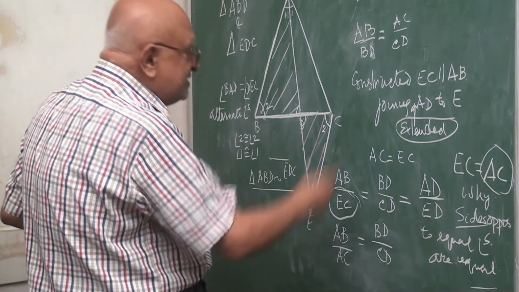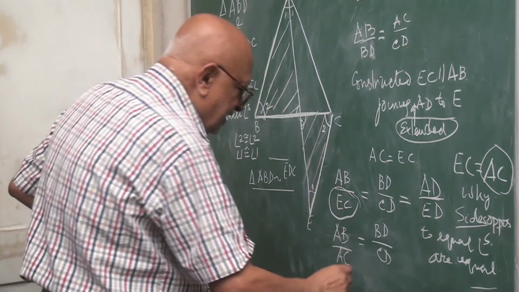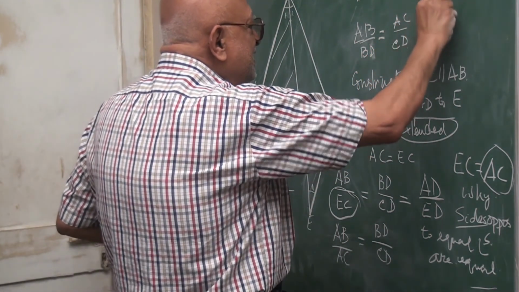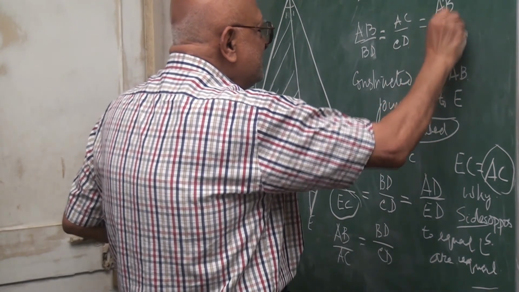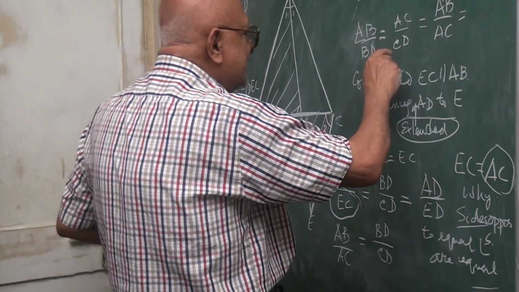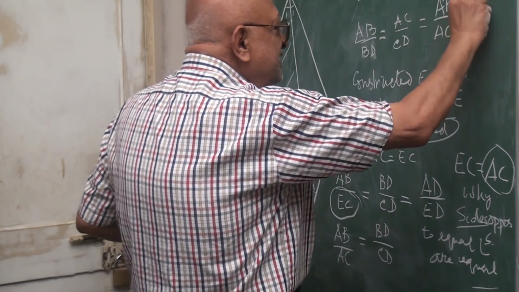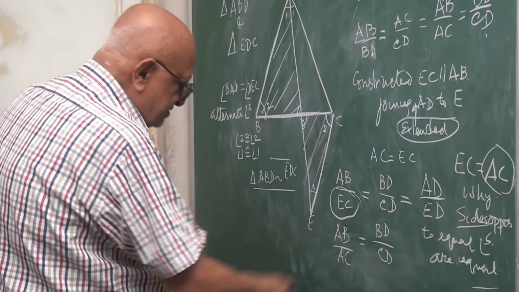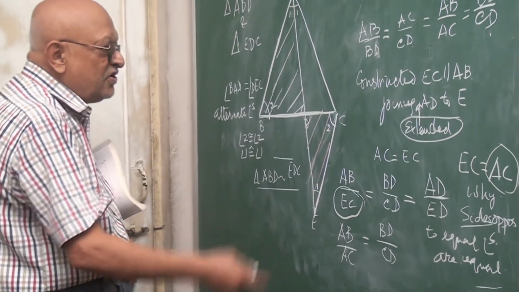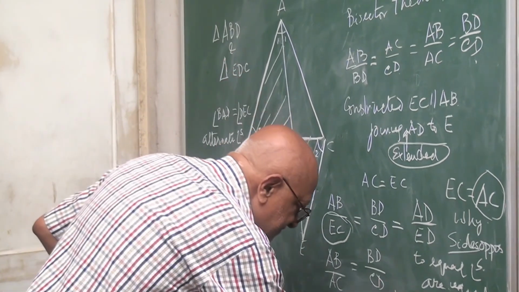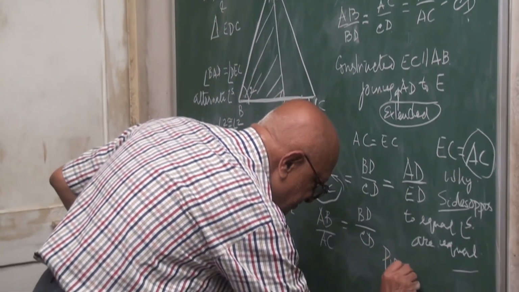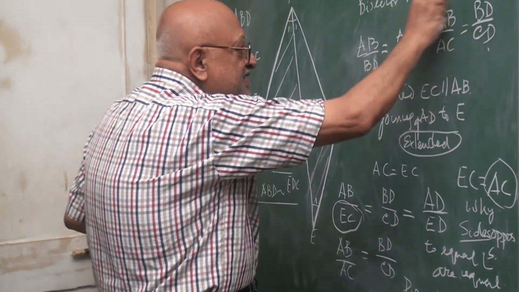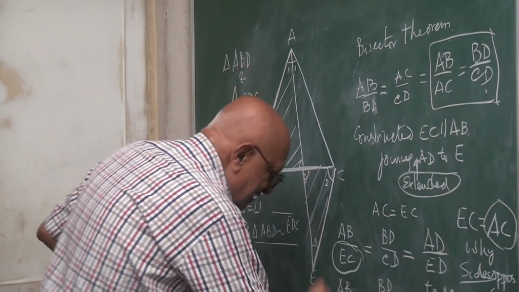So you can do it this way, or you can also write AB by AC is equal to BD by CD. Okay, I can change here also. AB by BD is equal to this thing. So this is proved. Okay, AB by AC, BD by this thing. So look at this and also look at that.